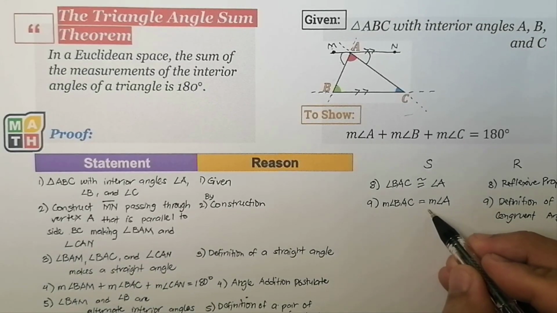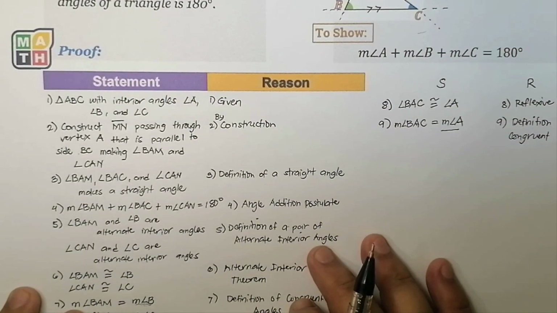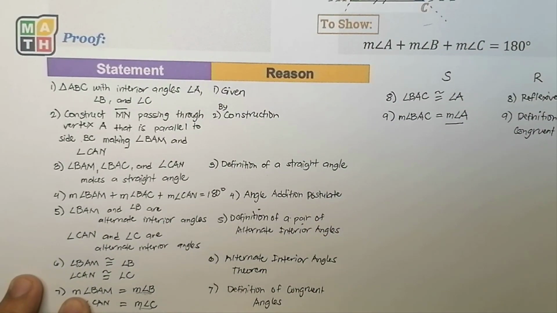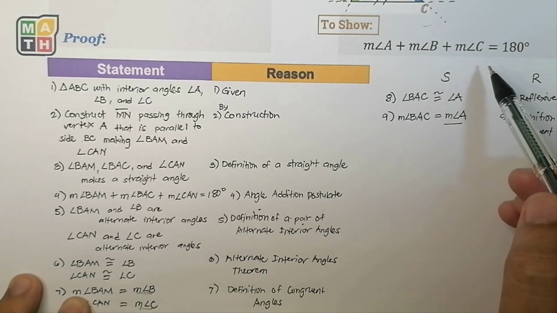Now that we have reached this statement, and we do have the statements earlier showing the measurement of angle B and angle C, we are now ready to look into this perspective.